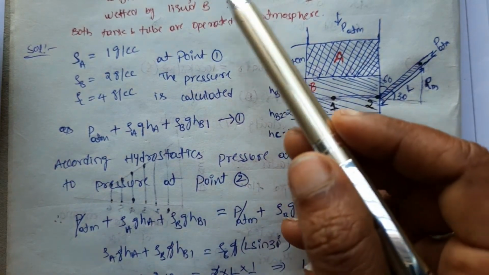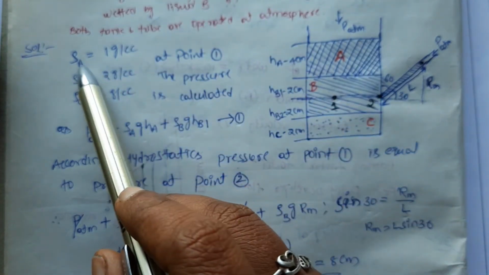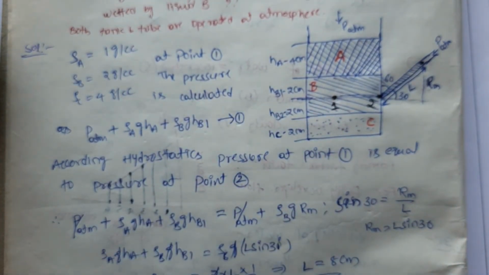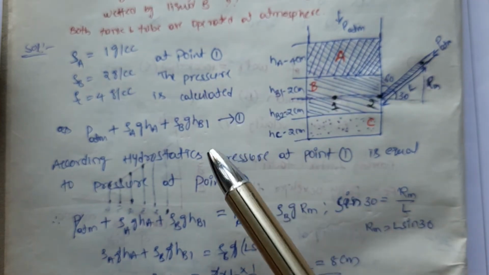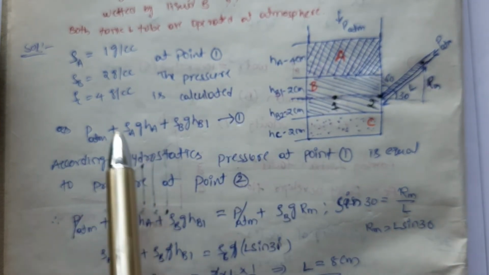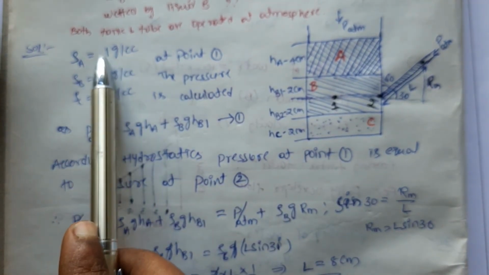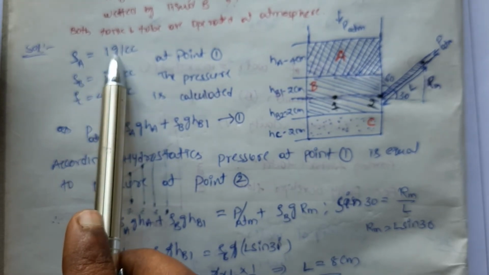they have given the specific gravities, right? So from the specific gravity, how can you calculate the densities? Specific gravity times the density of the standard fluid, that is water, since all are liquids, right? So water is the standard fluid. The density of water is 1 gram per cc.